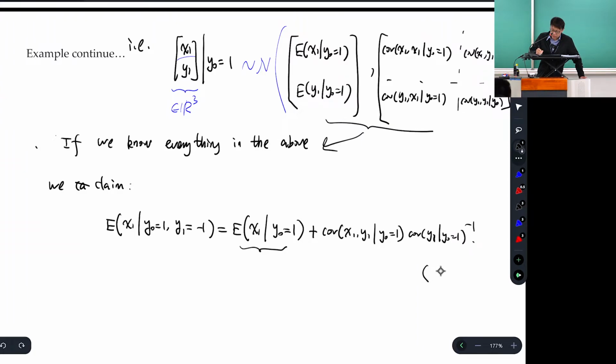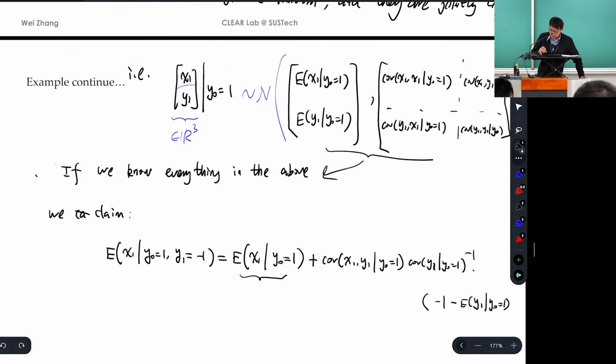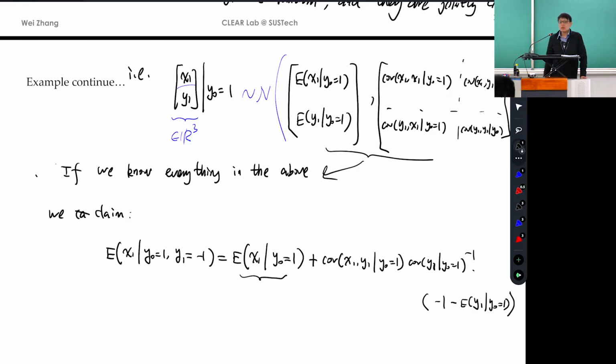The surprise is -1 minus expectation of y1 given y0 equal to 1. Okay. The only hard part of Kalman filter is just this line.